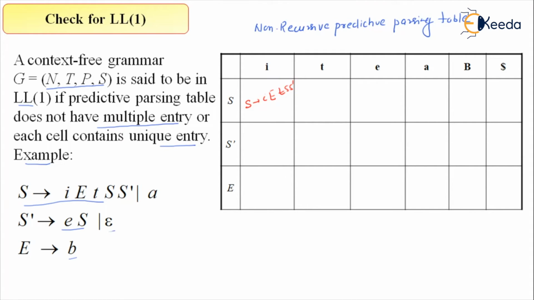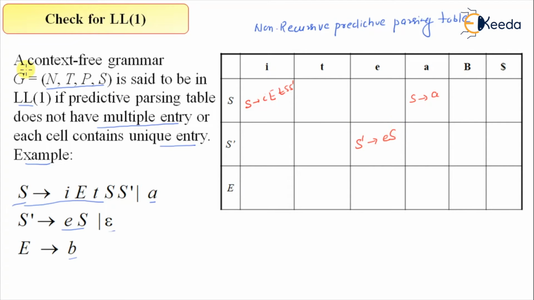The next production is S derives a, and I can directly put this S derives a over here. The third production is S' derives eS, and I can directly put that in the e column.